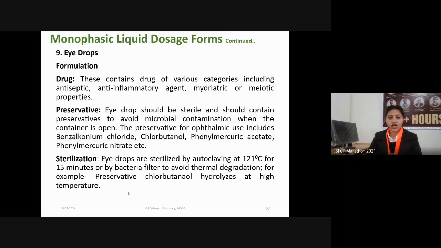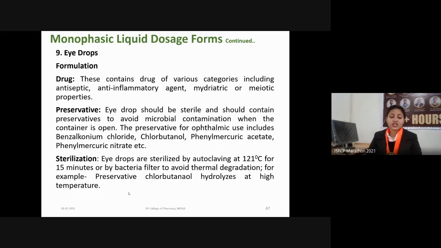Eye drops should be sterile and should contain a preservative to avoid microbial contamination when the container is opened. These preservatives for ophthalmic use include chlorobutanol, phenylmercuric acetate, phenylmercuric nitrate, and many more.